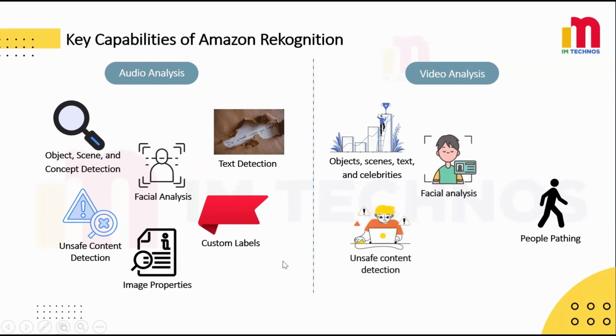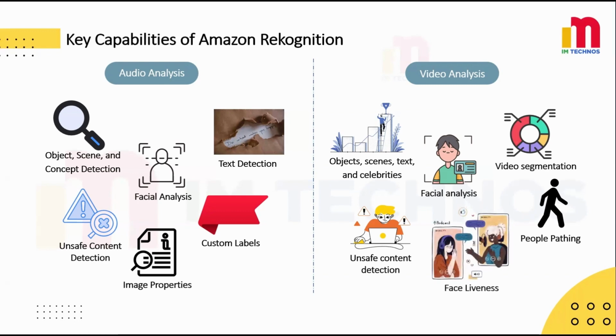There is unsafe content detection for moderating video content at scale. It can even perform video segmentation to identify black frames, end credits, and other key segments for editing or post-processing. And one of the newest features is face liveness. This checks whether a real person is actually in front of the camera, helping prevent spoofing attacks during identity verification.